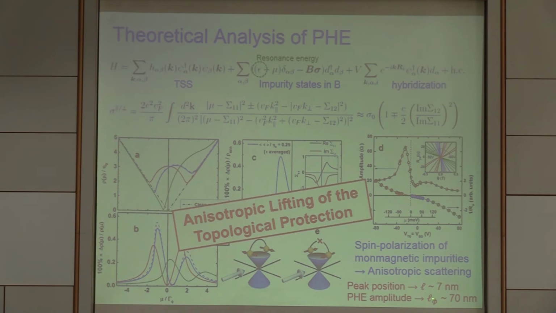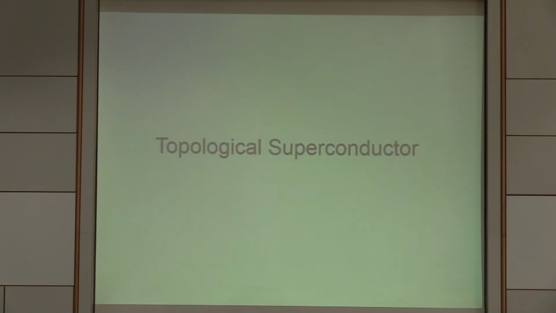So we estimated, based on this amplitude, this phase scattering length to be something like 70 nanometer. So this theory is quite useful, not only for understanding the effect of the in-plane magnetic field, but also to understand the microscopic parameters of the scattering transport properties. So that's about the 3D TI.